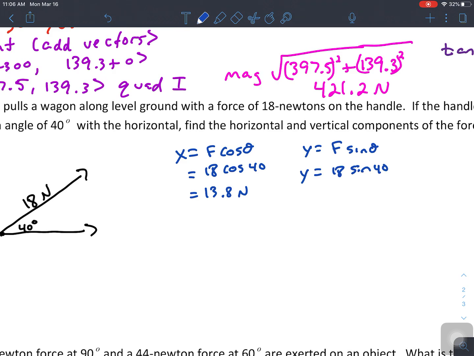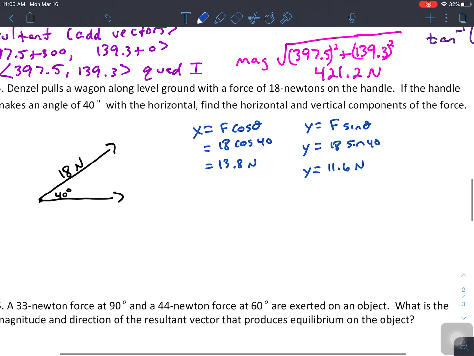All right, so plug that in. Okay, and y is going to be 11.6 newtons. All right, getting it so far?